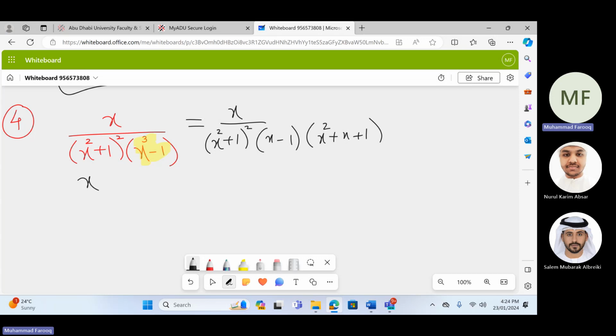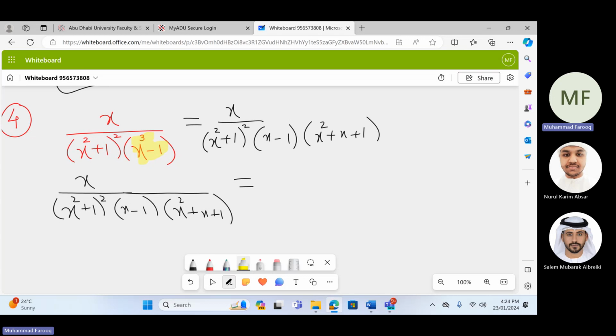So this is x divided by x squared plus 1 power 2, then x minus 1, then x squared plus x plus 1. Now we have to write its decomposition. Please start. The first factor, linear or quadratic? A over x. So you always have to check the power of x, please. This will tell you whether it is quadratic or linear.